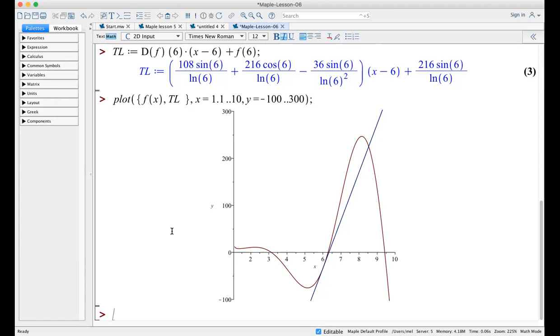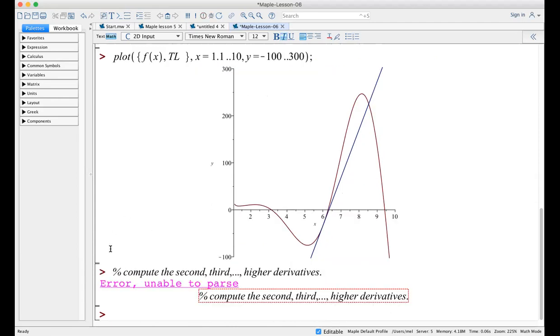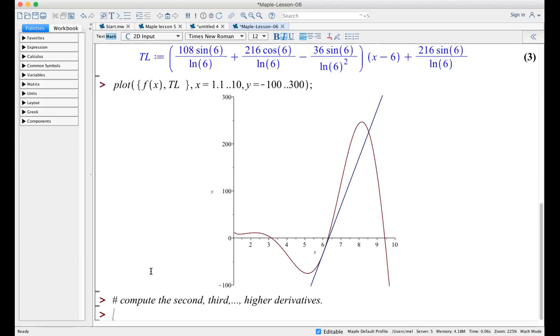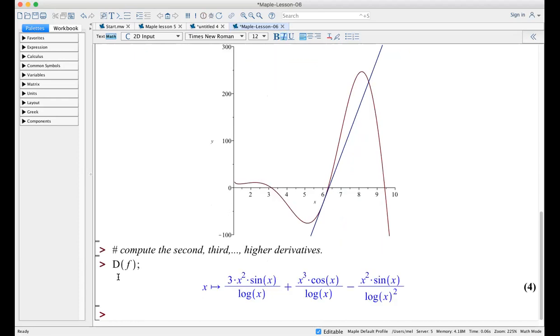Now, what about computing the second, third, and in general, higher derivatives? This sharp sign means it's just a note. The derivative of f is the first derivative.